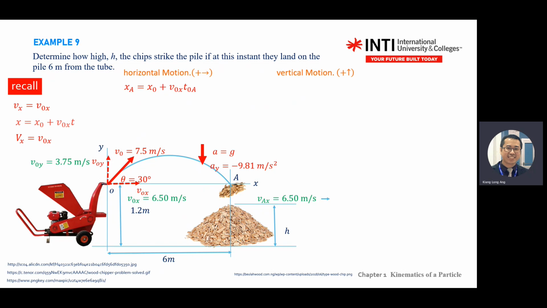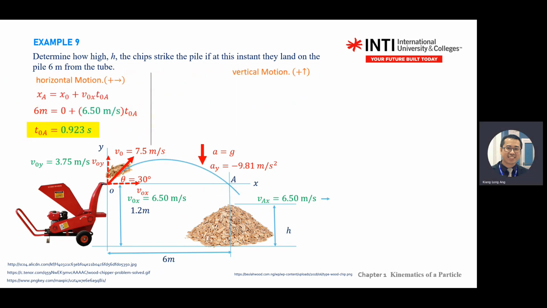Then you go for the second one, rearranging the equation a little bit: x becomes xa, the final position in x, this is the initial position here, Vox like the previous one, and t you don't know. You substitute, you get this one. Again, in this case your x is positive because it's going to the right. If we spray to the left, then negative. If spray to the right, positive. You substitute and you get the A position.